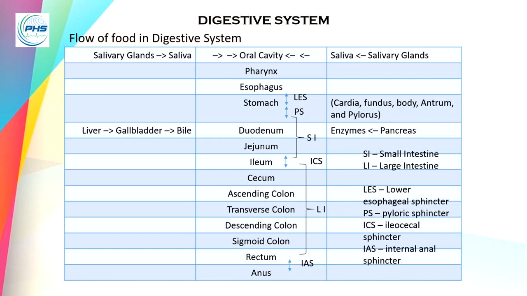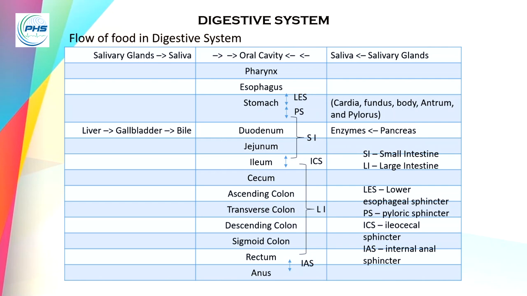Also, it is important to know about the sphincters of the stomach. The lower esophageal sphincter or the cardiac sphincter is present at the upper portion, cardia, of the stomach. This sphincter prevents the acidic contents of the stomach from moving upwards into the esophagus.